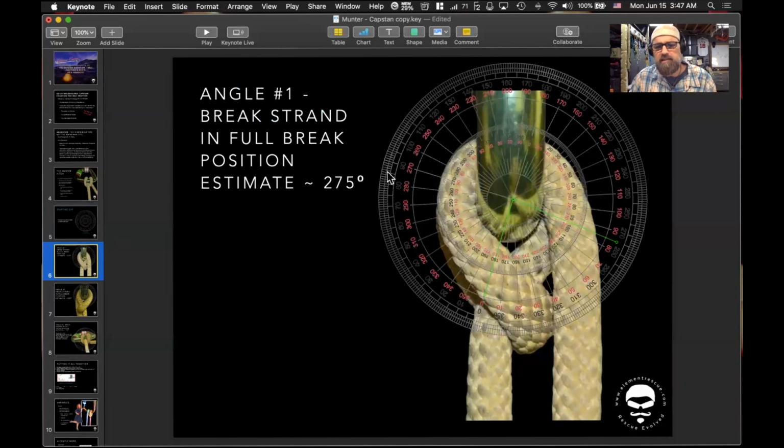So when we're looking at this, this is the first angle. There's 3 angles that we're going to look at in a MUNTER hitch, and we're going to go through all 3 of them. I do want to preface this, although we have it in a later slide. At no point am I saying that you should roll around with a protractor, a scientific calculator, understanding what Euler's or Euler's constant, depending if you're speaking German or not, constant is, memorizing all this stuff and walking around with a calculator watch or some goofy crap like that.